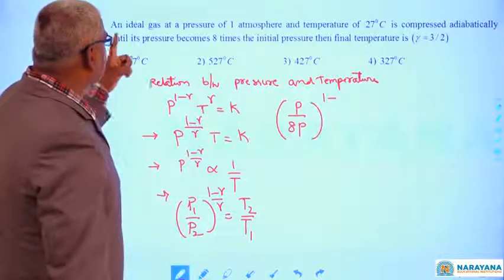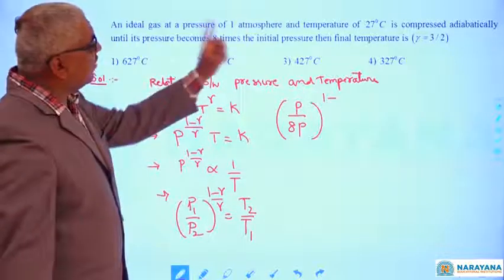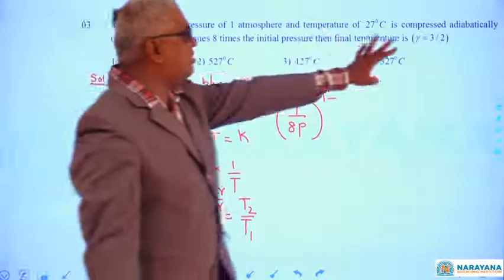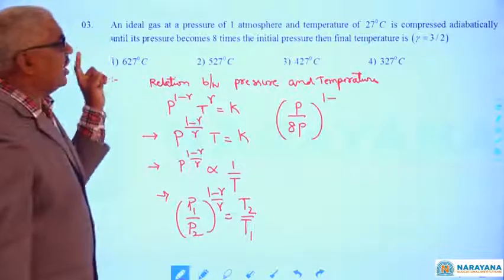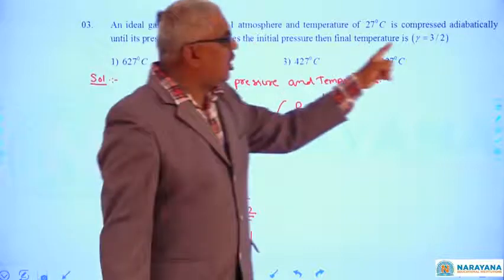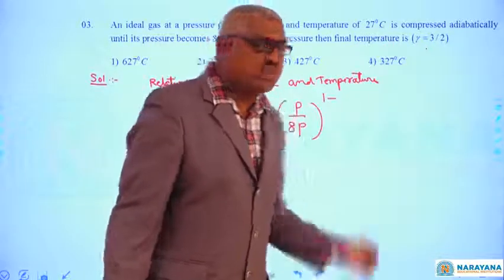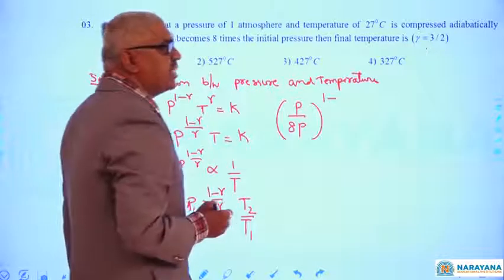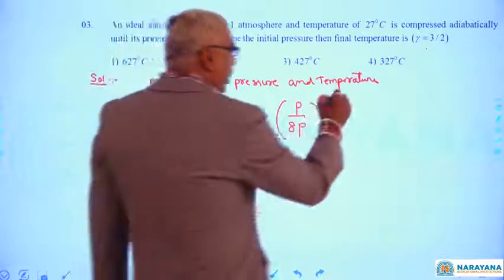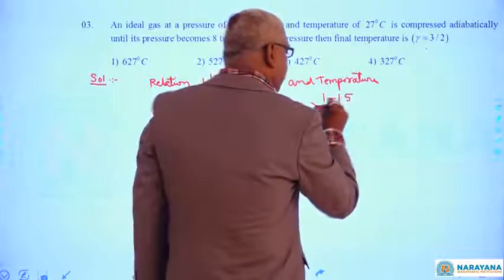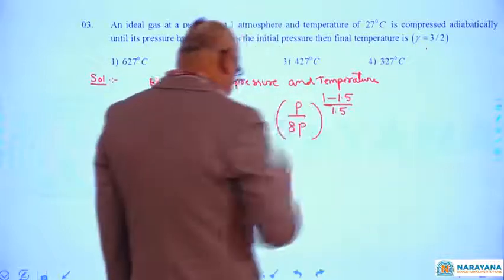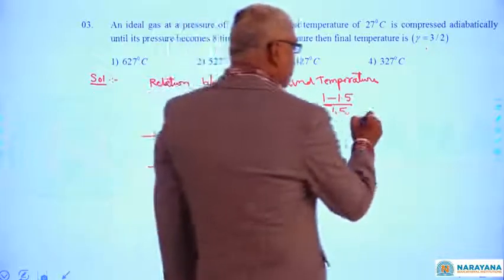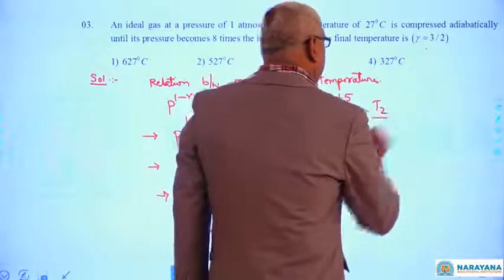An ideal gas at a pressure of 1 atmosphere and temperature 27 degrees Celsius is compressed adiabatically until the pressure becomes that, and gamma is given as 3 by 2, which is nothing but 1.5. So (1 minus 1.5) by 1.5 is equal to T2 by T1.